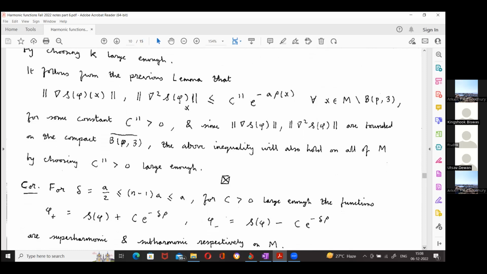So the norm of the gradient and the Hessian go to 0 exponentially. And what's important is that the rate of decay is at least e to the minus a rho. The coefficient is a here. Why is that important?